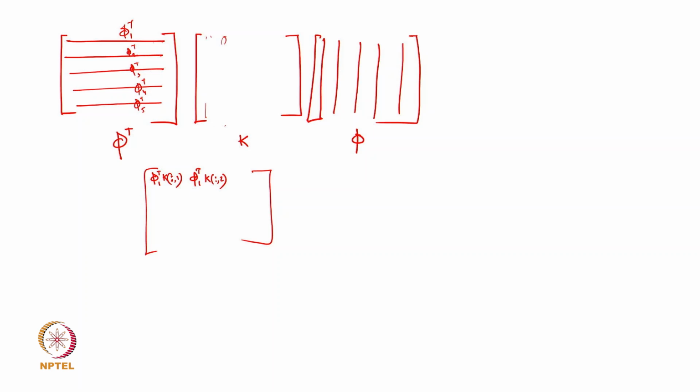This is full row but second column, and if I go here, let's say the third line, so phi 3 transpose 1, like this way this thing will come. Everybody agreed with me?